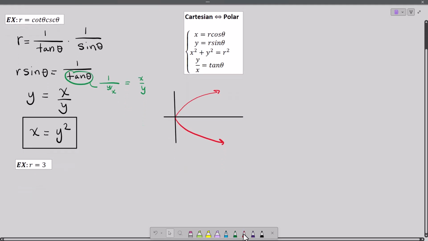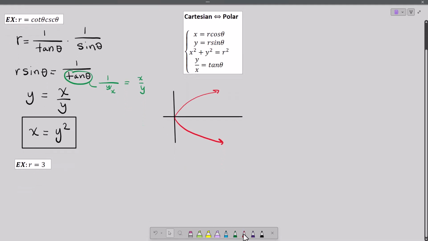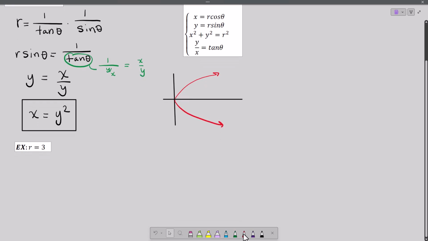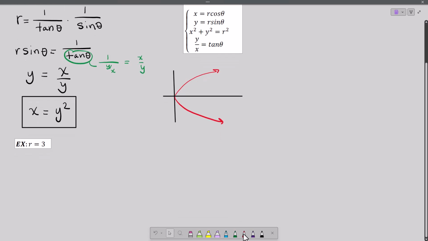Okay, but these are the 4 key equations that allow us to convert back and forth. So r equals 3. We've talked about that, and intuitively at this moment you should recognize that that's a circle of radius 3. It's centered at the origin. You should see that already. And so what we talked about on Tuesday was that in this coordinate system where we have r's and thetas, when there's a letter missing, there's no restriction on that letter.